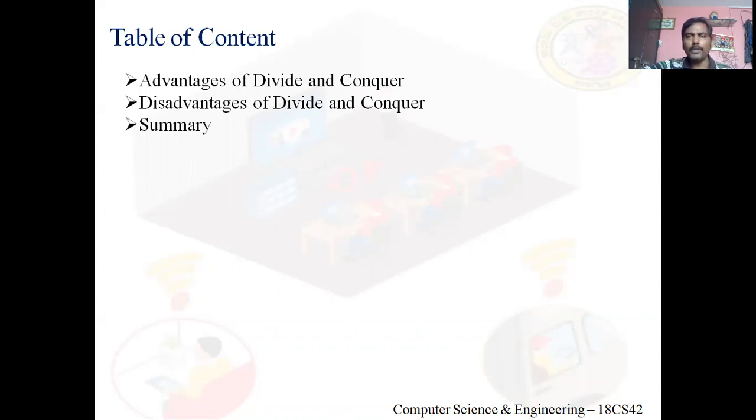And for what type of input those algorithms will have max time, min time. I mean to say, in general, what is the best case input, worst case input, and average case input. We'll have a discussion.